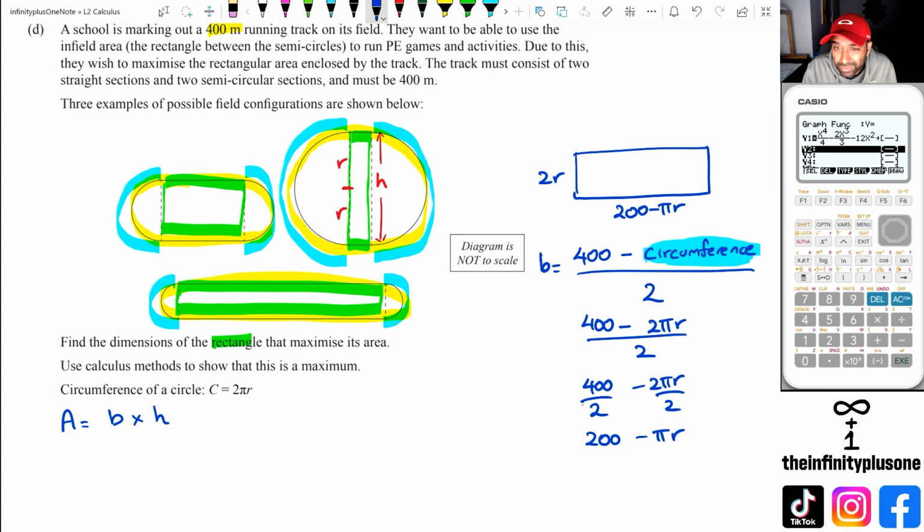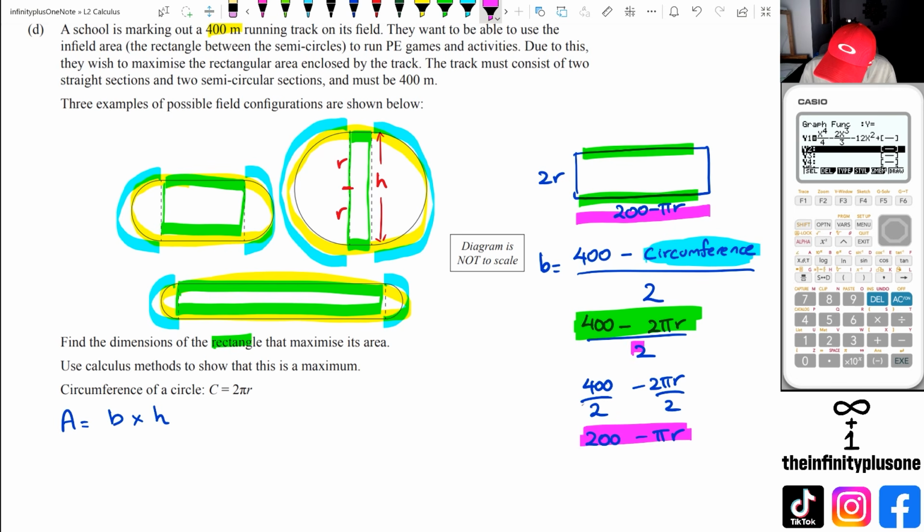If you times that by 2, you get 400 minus 2 pi r, which is this and this. The 2 green parts is equal to 400 minus 2 pi r, but we just want one of them, which is the base, and that's why we divided by 2 to get the one side.